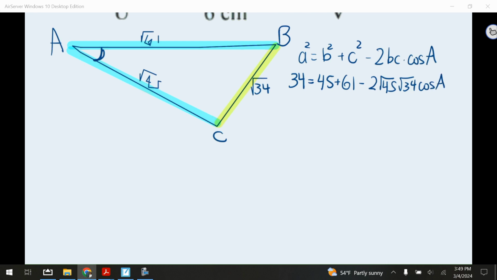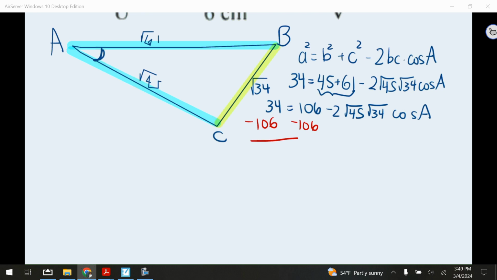So this will be a little reminder of how to do this. I'm first going to combine these two, and I get 106 minus, and I think I'm not going to multiply these together. I'm just going to keep them like this. I'll do the actual arithmetic at the end. Then I need to subtract 106 on both sides. Cancel.